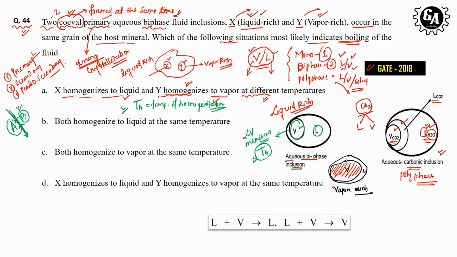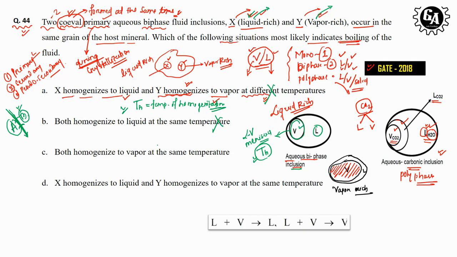So at different temperatures, this answer is not correct. Both homogenize to liquid, that is also not correct, because if it is liquid rich, it will become liquid rich during heating, and if it is vapor rich, it will become enriched in vapor. Both homogenize to vapor is also not correct.